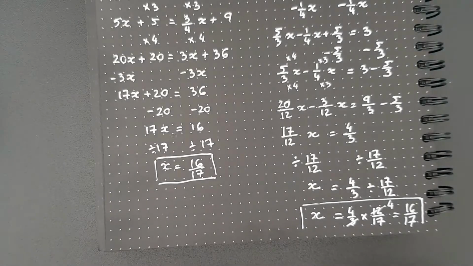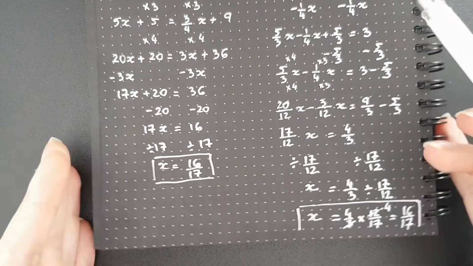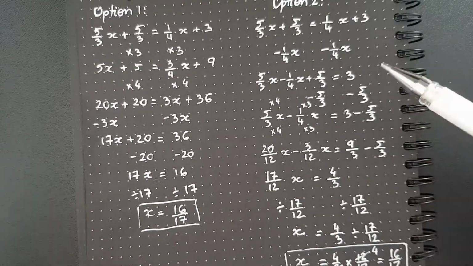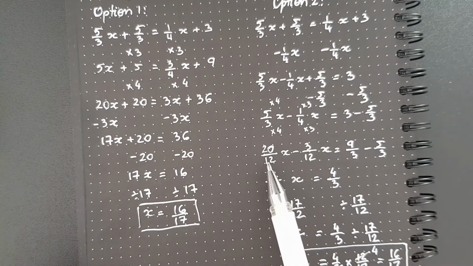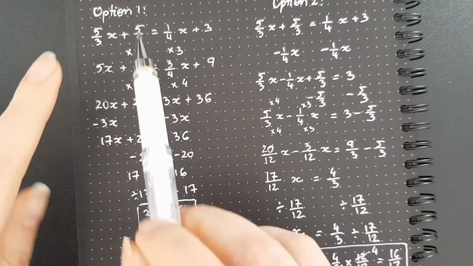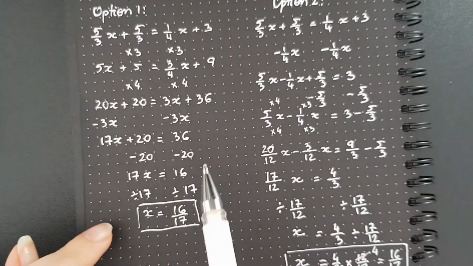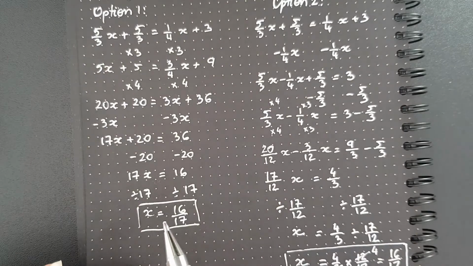Oh, I like these options. I quite enjoy them. So obviously, if I look at these options now, the fractions one is just way longer and it can get more confusing with adding and subtracting fractions over here. I think personally I like this method a little bit more.